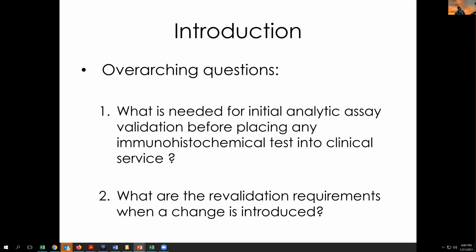So the key questions that were involved for the CAP is what is needed to validate an assay initially before any immunohistochemical test is put into use, and when should revalidation occur, and what would be the requirements based on the change or upheaval that might have occurred.